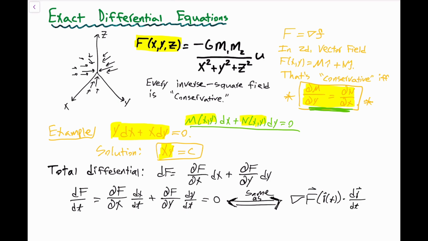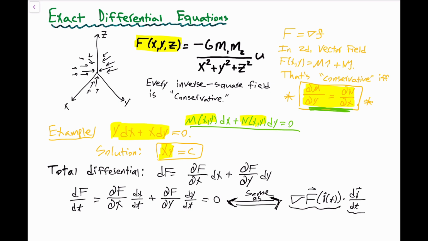So once again, we're back with a gradient and a dot product, because here we have the gradient vector field evaluated at r of t. And here we have our tangent vector. All right, so that's pretty cool.